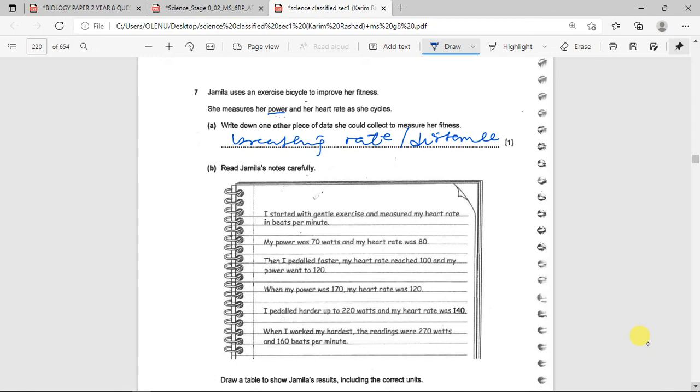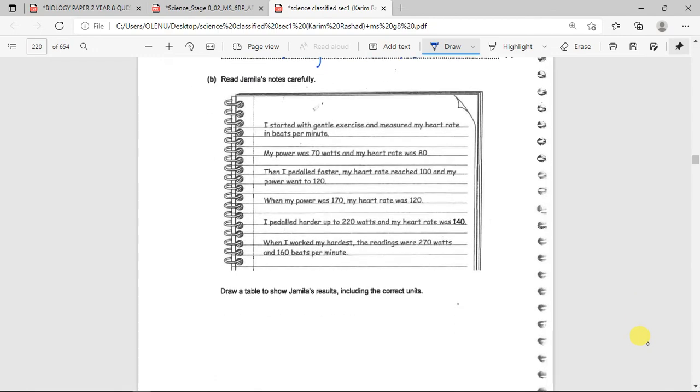So now, the next question is, read Jamila's note carefully. I started with gentle exercise and measured my heart rate in beats per minute. My power was 70 watts and my heart rate was 80. I pedalled faster. My heart rate reached 100 and my power went to 120.